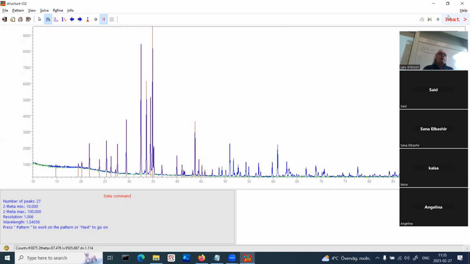20 or more, but not many more. You have a diffraction pattern with a delta 2 theta as a function of 2 theta. It could very well be so that you have some systematic error function. If these are the peak positions and you use all of them, then you need an error window like that.